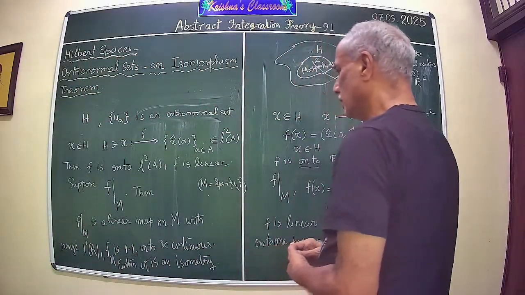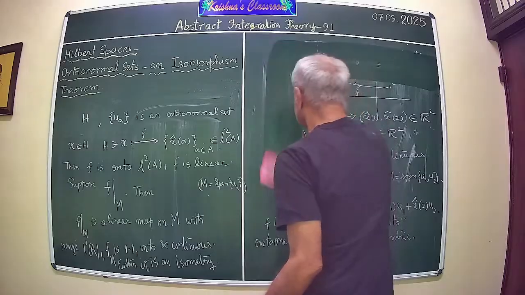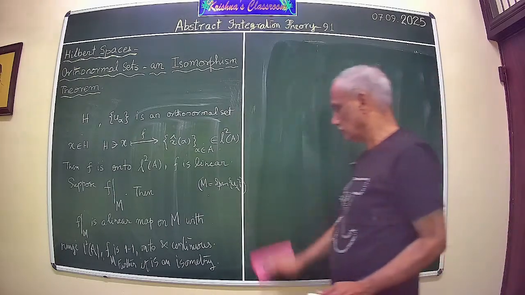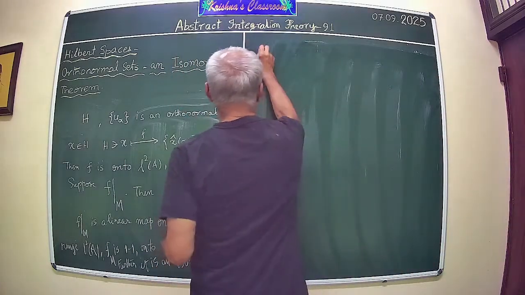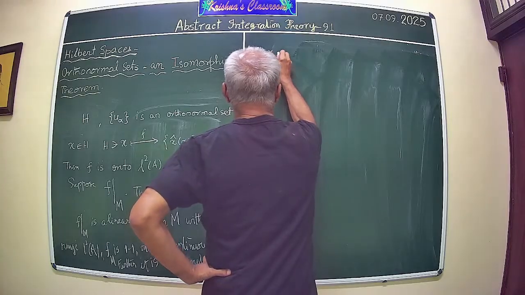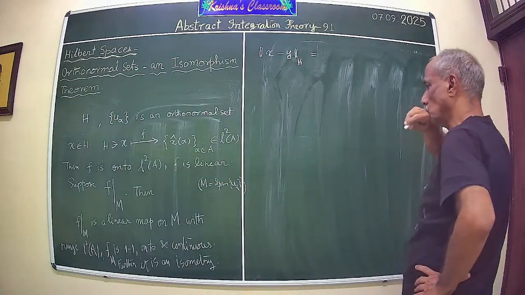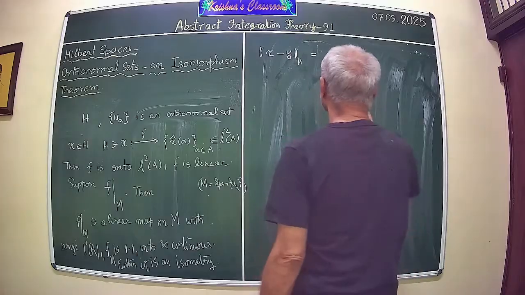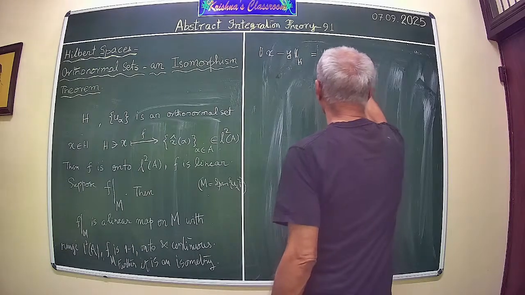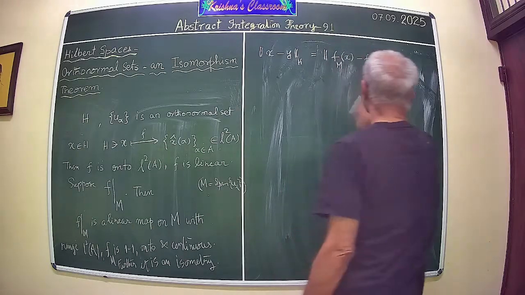You see that the distance between, this one it is, norm of X is the same as, equal to, norm of F of X, this is the L2 norm.